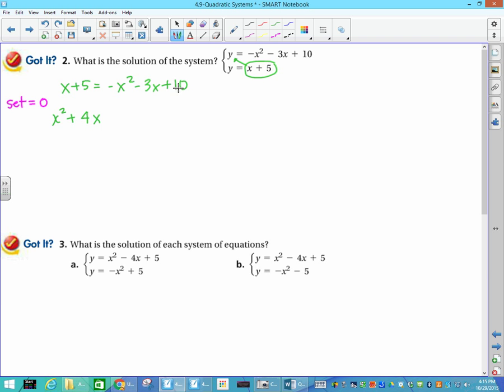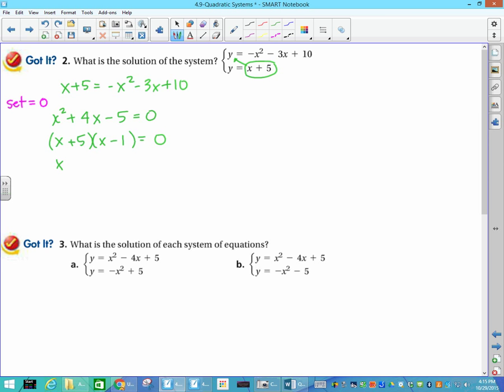And I'm going to subtract 10, and 5 minus 10 is minus 5. Now this next step, do what you have to. It is going to factor, and it factors to x plus 5 and x minus 1. If you still need help factoring, come see me, but I don't want to spend the time going over it again. So we factor it.